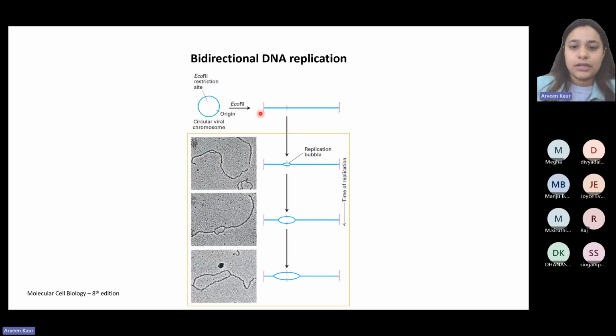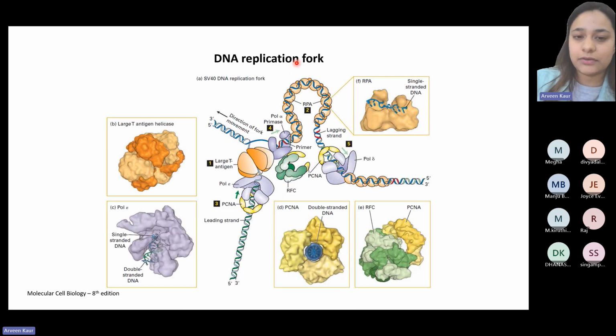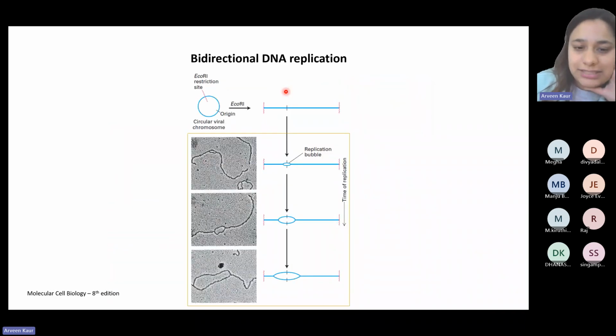Yeah, so again, it is the same DNA virus that we are talking about. Over here we talked about DNA virus SV40, right, and its replication form. Now these images over here on the left are actual electron micrograph images of this SV40 viral DNA being replicated, right?